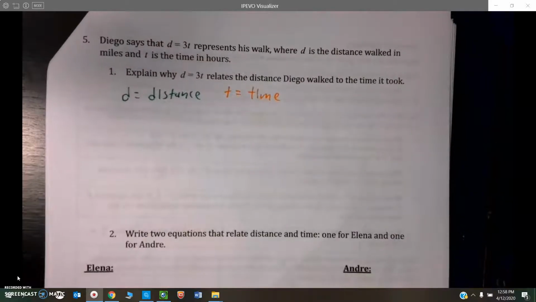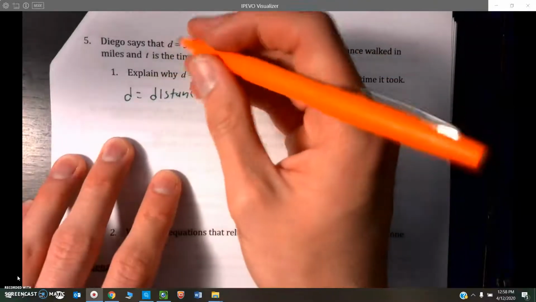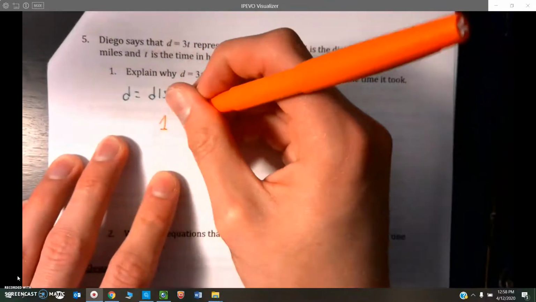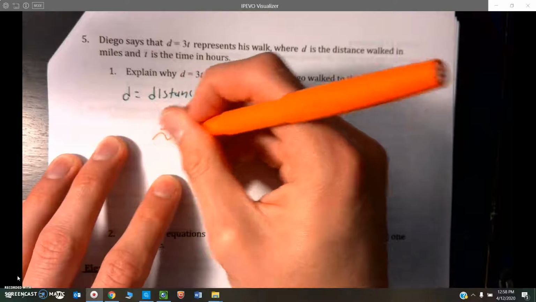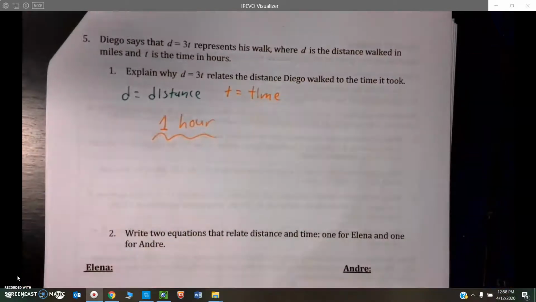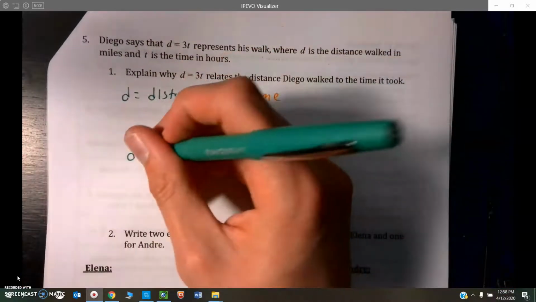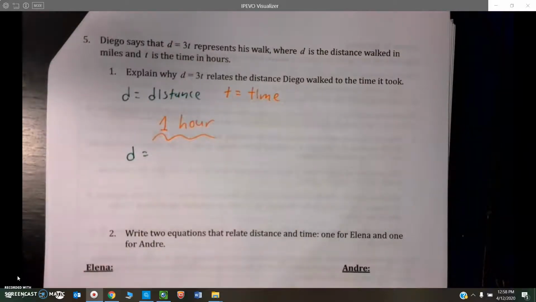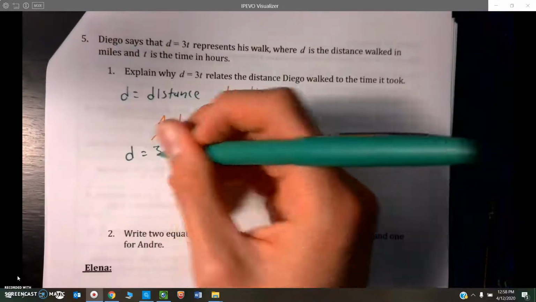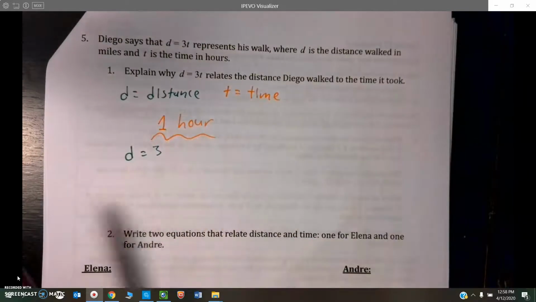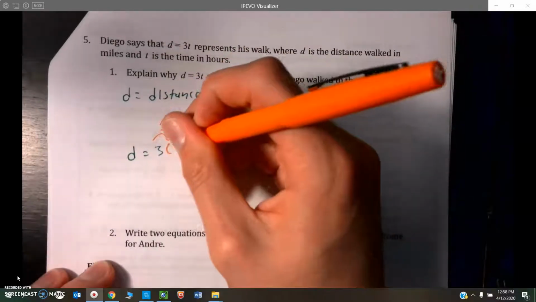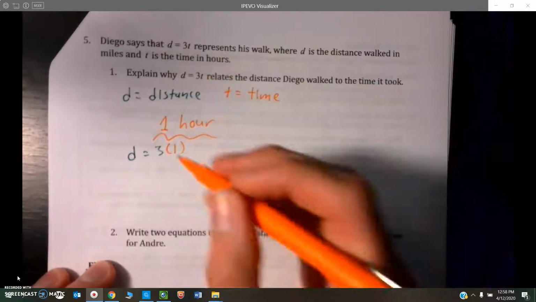So he's saying that for whatever time, if he multiplies that by 3, that will give him his distance. So if that's true, let's see how far he walked in 1 hour. Let's say we were working with 1 hour. So then we're going to take D equals 3, and then we're going to plug in 1 for the t, the time.